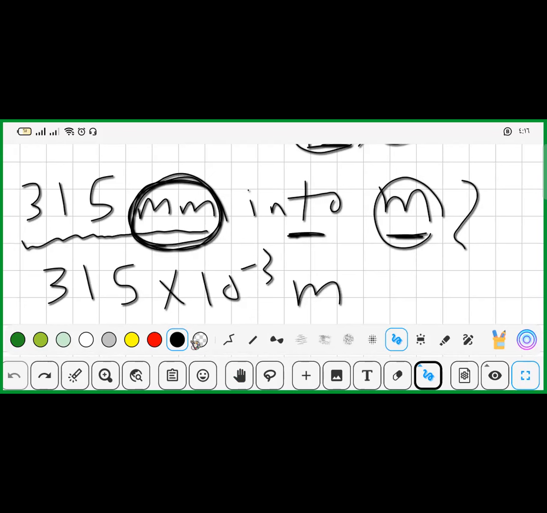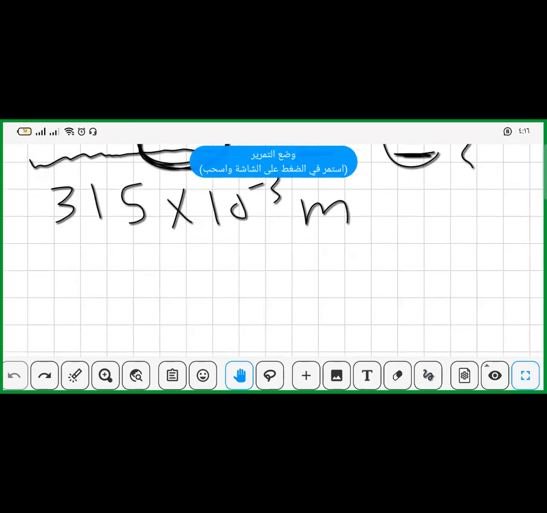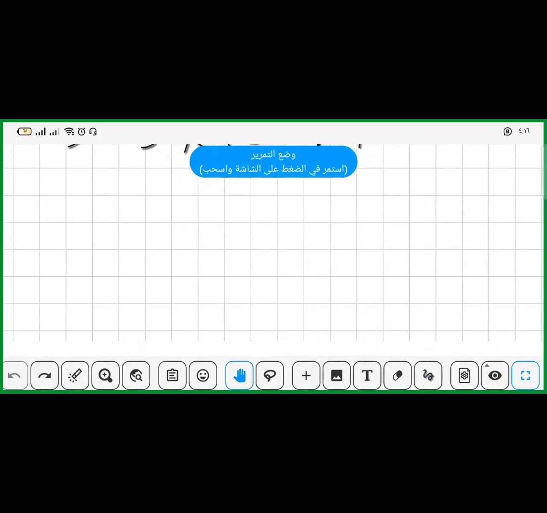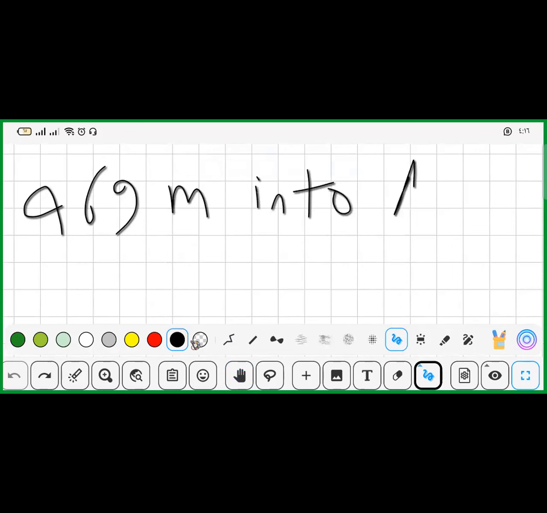We can take another example: transform 469 meter into micrometer.